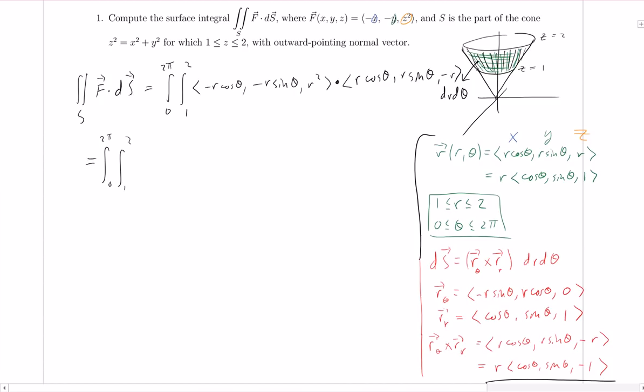So let's do the dot product. We get minus r squared cosine squared theta minus r squared sine squared theta. So let's factor out the minus r squared, minus r cubed.